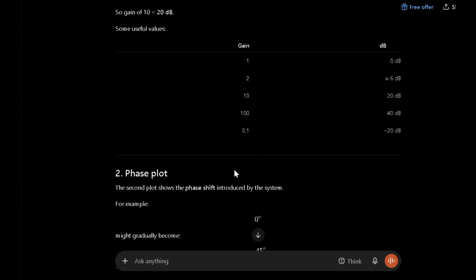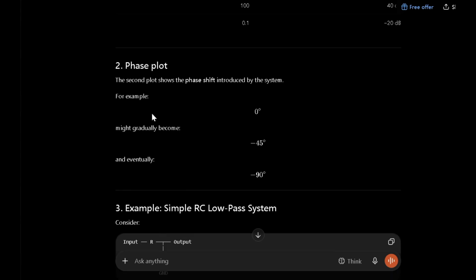Phase plot. The second plot shows the phase shift. For example, 0 degrees might gradually become minus 45 and then minus 90.